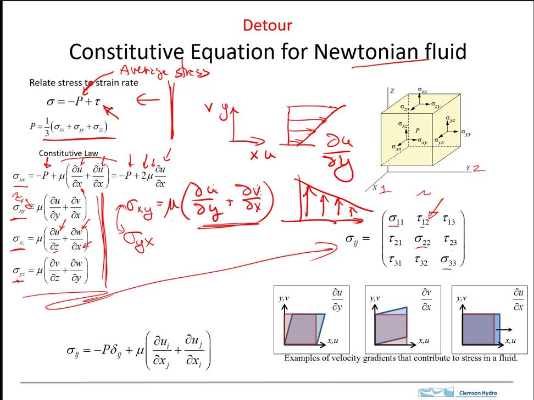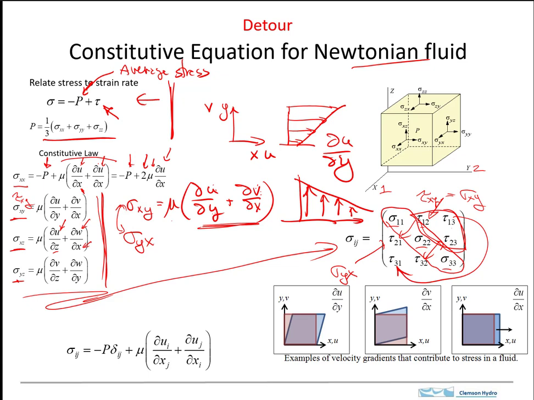So this would be the same as tau xy, which could also be denoted as sigma xy, and this would be sigma yx. What we said over here was that those two are the same, so it's a symmetric tensor. In order to uniquely define it, we have to have the normal stresses and then these three shear stresses. So that's the constitutive law.